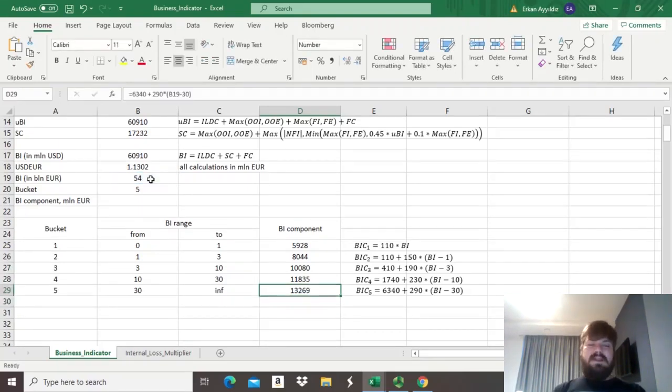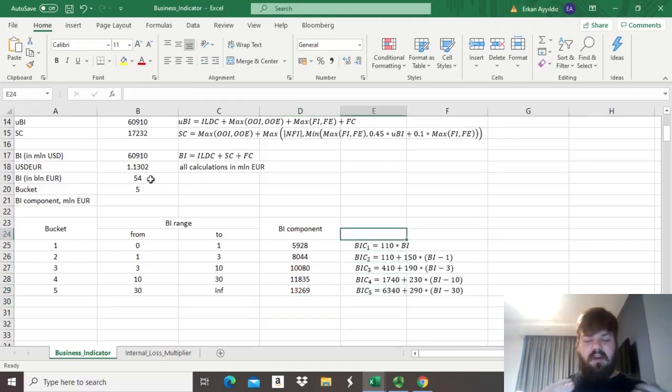So, what is exactly the logic of those formulas and the buckets? Well, you might notice that this distinction into the buckets is very similar to how the progressive income tax contribution is calculated. We basically have various slopes of the business indicator component for banks falling within different buckets.